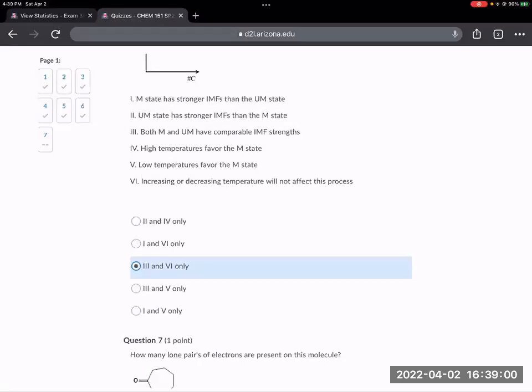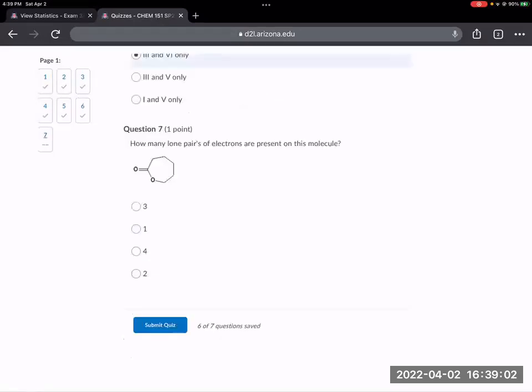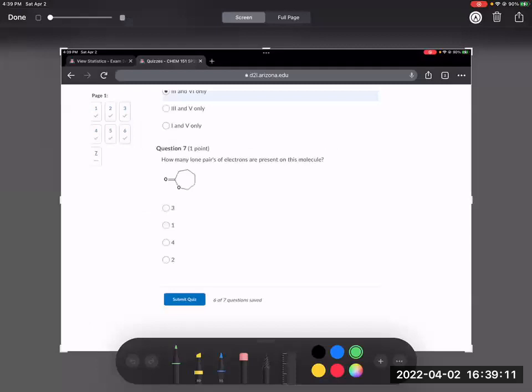Let's move on to the last question. How many lone pairs of electrons are present in this molecule? Last question. The idea is to have a Lewis structure, converting the line structure to a Lewis structure. So we need to have an octet of electrons around each of the elements except for hydrogen.